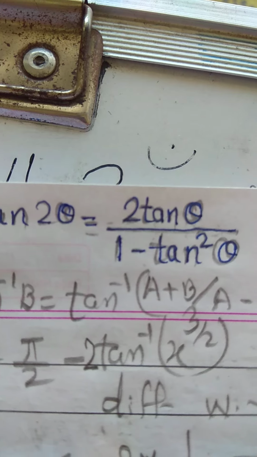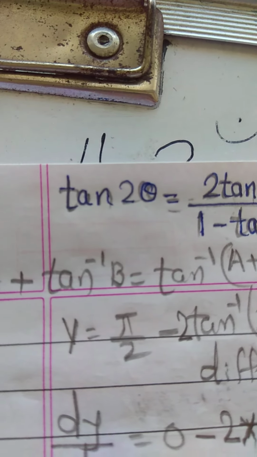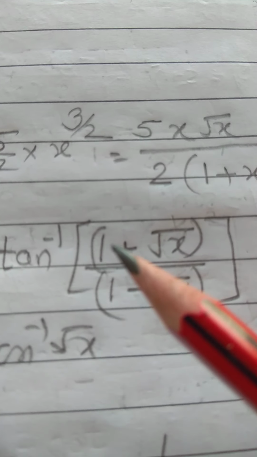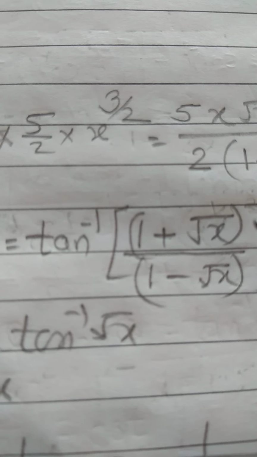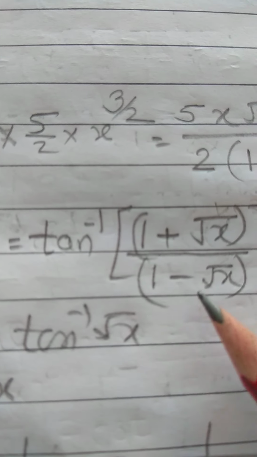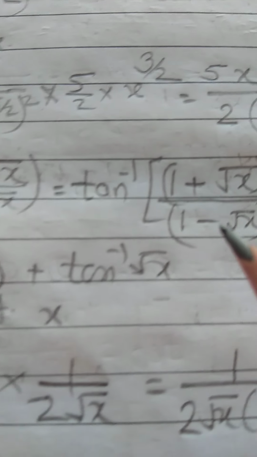Okay, we know that tan inverse of a plus b upon 1 minus ab is tan inverse of a plus tan inverse of b. Therefore here tan inverse of 1 plus root x upon 1 minus 1 into root x will give you tan inverse of 1 plus tan inverse of root x.